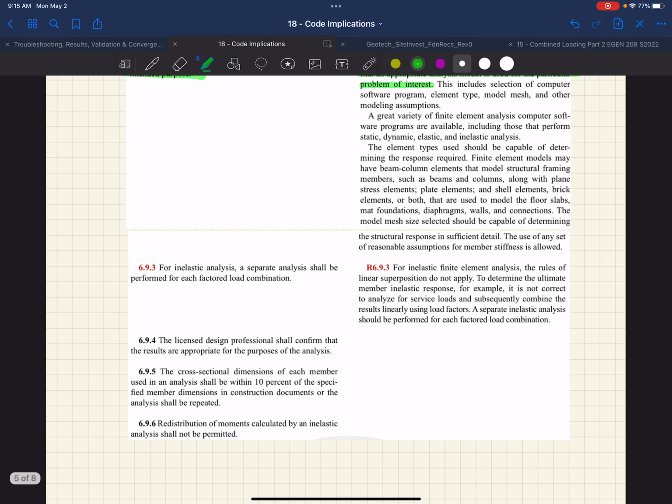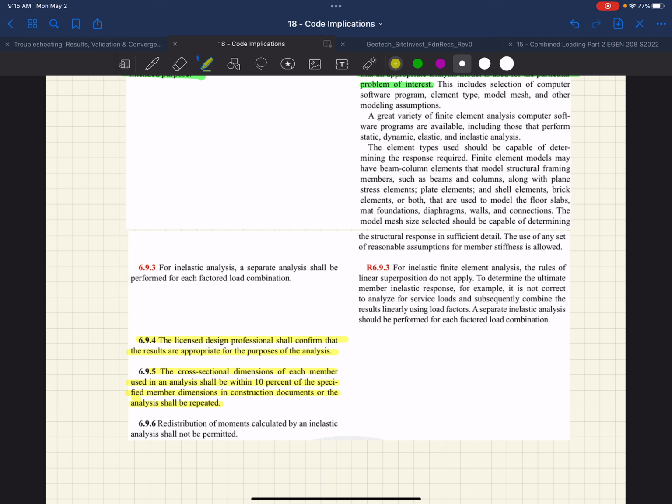Shall confirm. It's all over the place. The licensed design professional shall confirm the results are appropriate for the purposes of analysis. This one's really interesting: the cross-sectional dimensions of each member used in an analysis shall be within 10% of the specified member dimensions in construction documents. So there's even a little leeway in concrete.